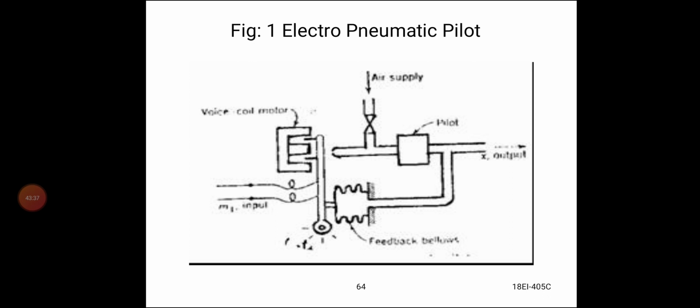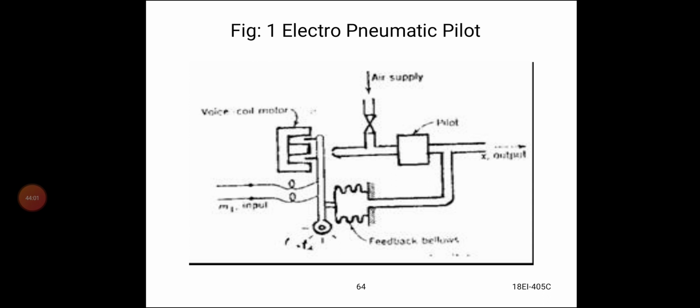The current signal is applied to the coil with a flapper, which causes the flapper to be attracted toward the voice coil motor.